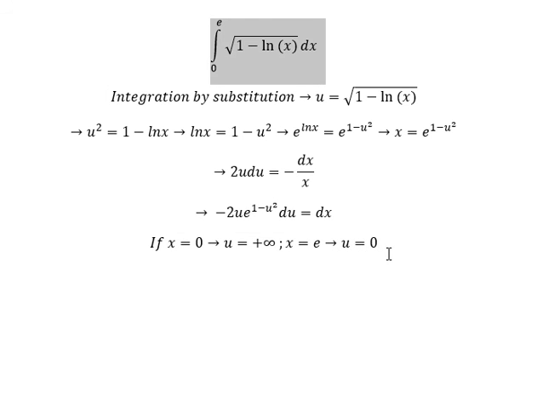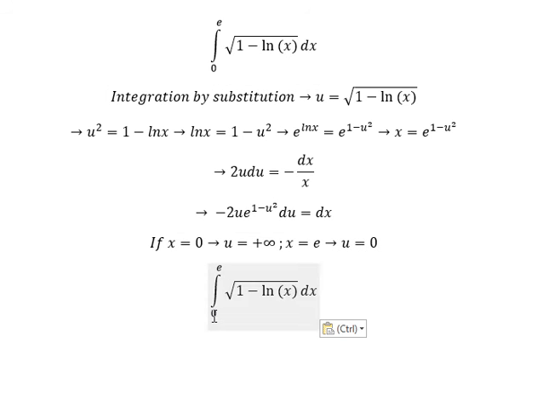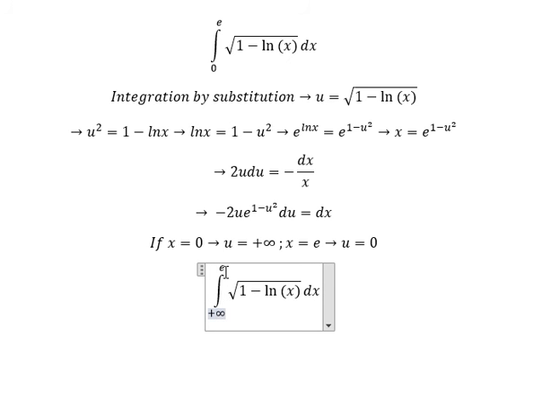So we need to change this one. This one becomes positive infinity. E we change into 0, and this one we change for u.